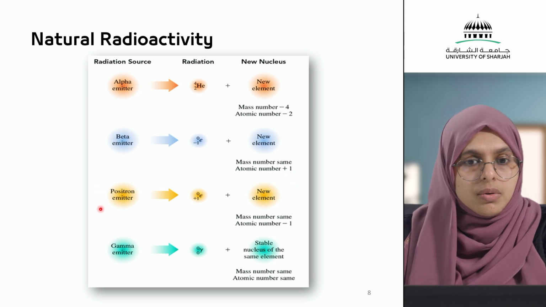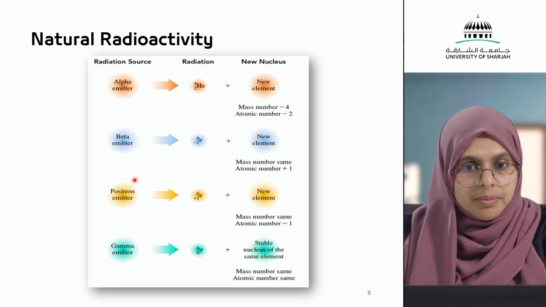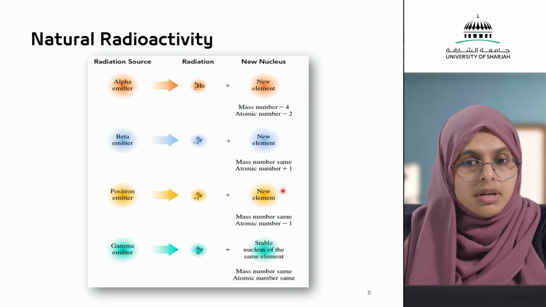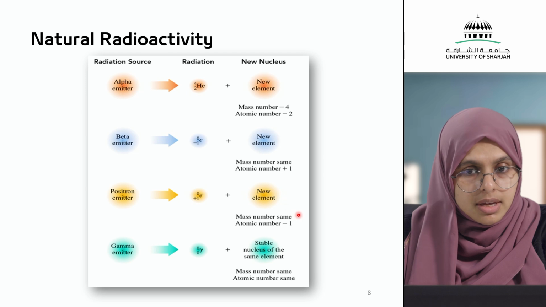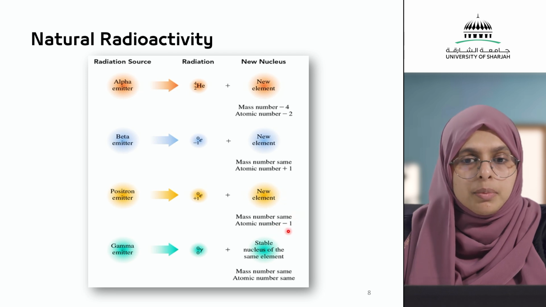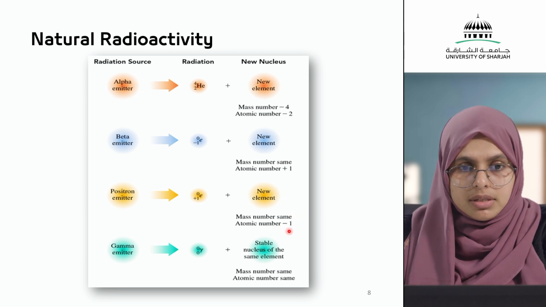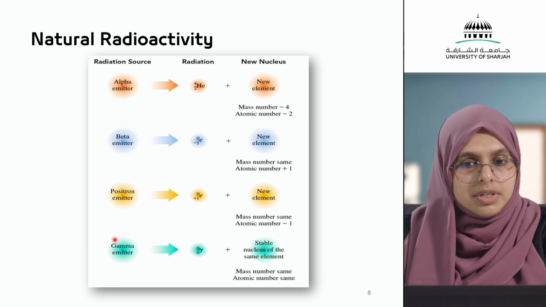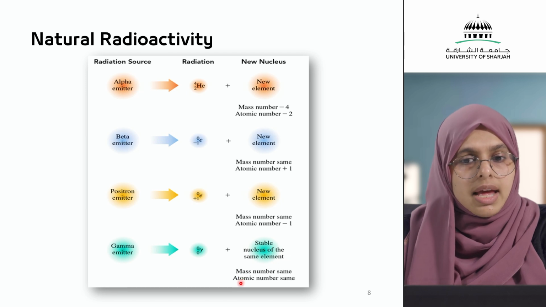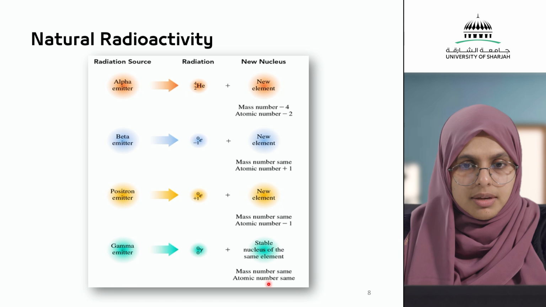If the radiation source is a positron emitter, then the new element mass number remains the same and the atomic number will be decreased by 1 unit. And if it is a gamma emitter, a stable nucleus of the same element will be formed where the mass number and atomic number remain the same.